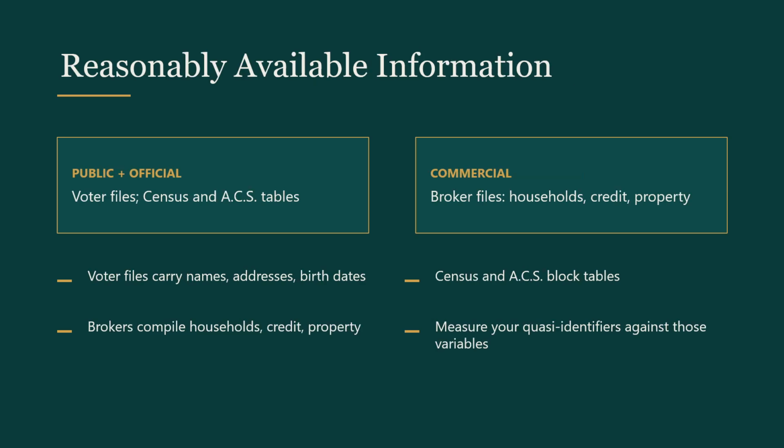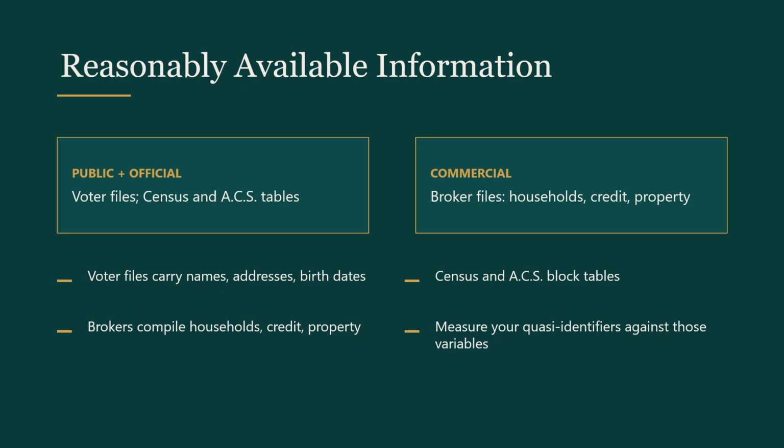The rule text says risk is judged against reasonably available information, and that phrase is not decoration. It is an instruction to inventory, in writing, the outside data an adversary can actually reach. Practitioners operationalize it by assuming 3 tiers of auxiliary data are available.